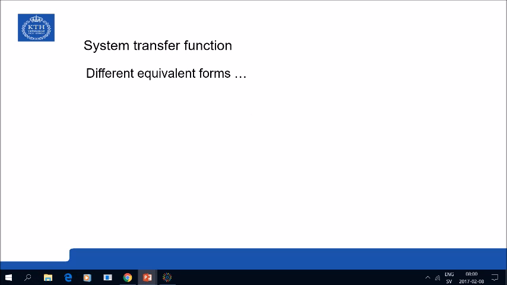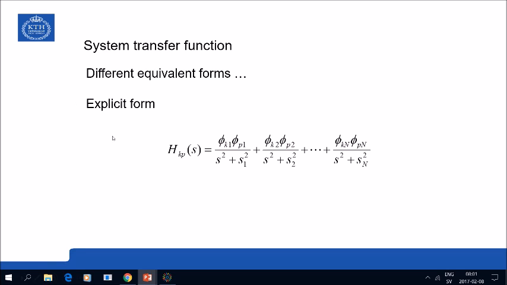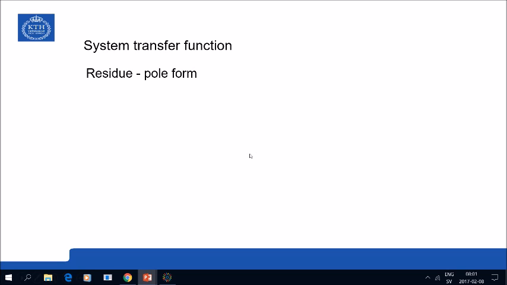So it will be valuable later on to reformulate the system transfer function to different, but equivalent, forms. We have already seen the explicit form, where we express the transfer function explicitly in the mode parameters, the mode shape vectors and the system poles. We can also formulate something that is called a residue pole form.